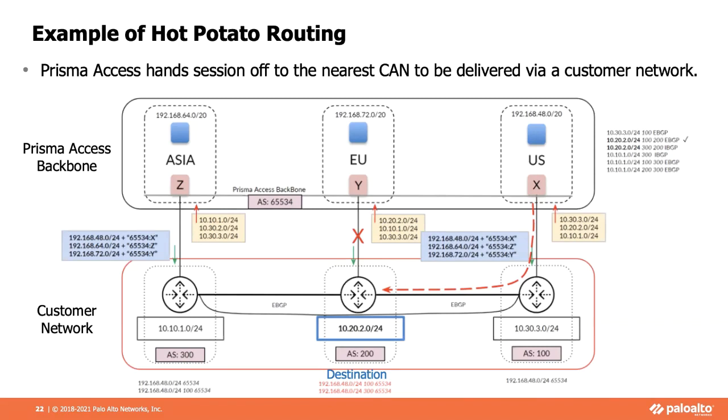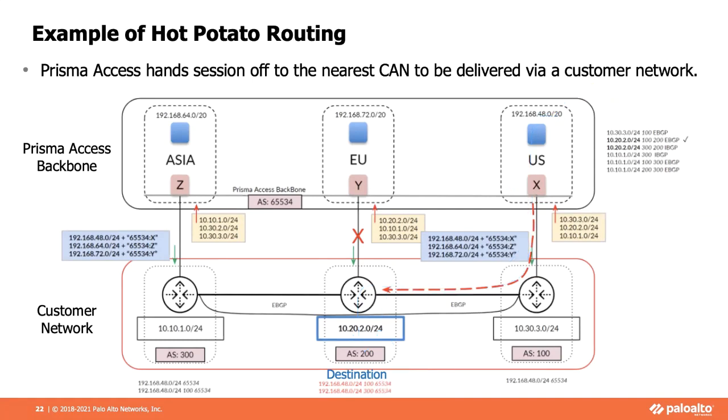So in this case, again, I've got my mobile user sitting in the US trying to talk to somebody in a remote network in Europe. They go through the MUSPN, down the nearest service connection, through the customer's network, outside of Prisma Access, hits that destination, and of course, the client responds back, and it follows the path back.